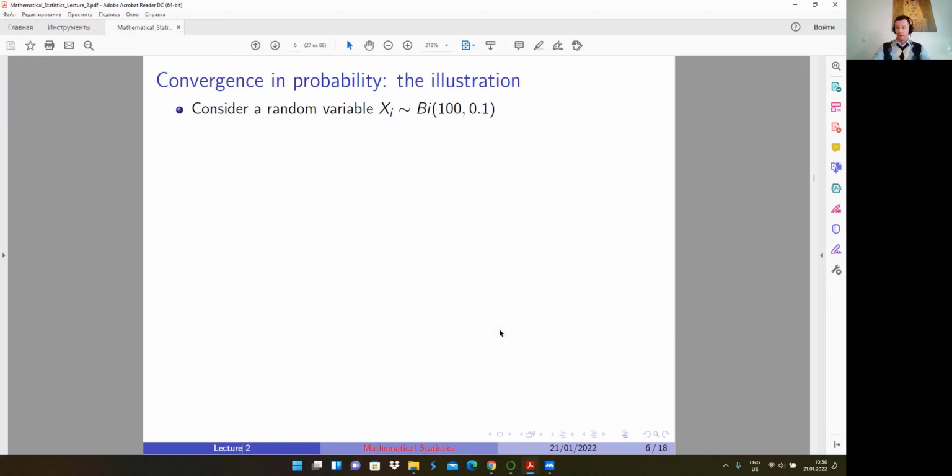So let me illustrate this idea once again. Let's take some particular distribution, binomial, with 100 draws and a probability of success of 0.1. Let's take 3 arbitrary constants epsilon: 5, then 1, then 0.5.